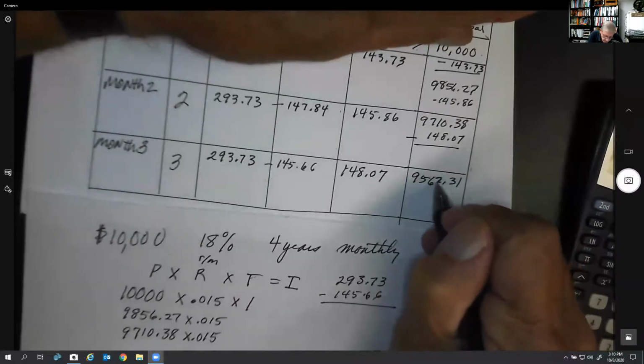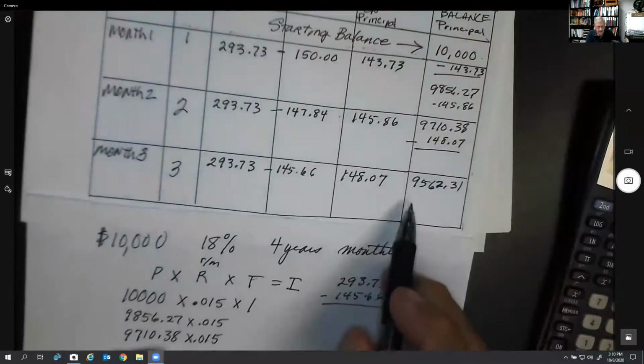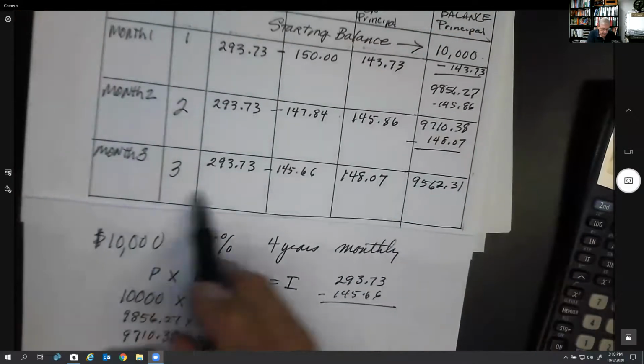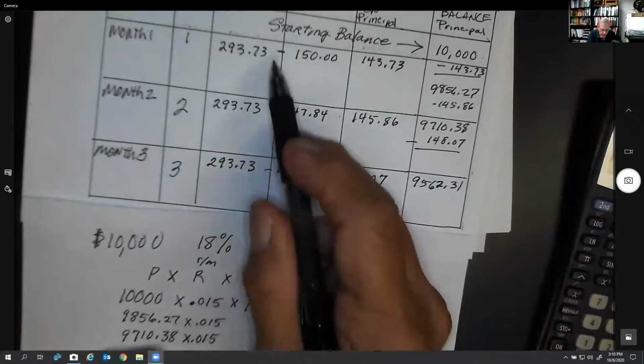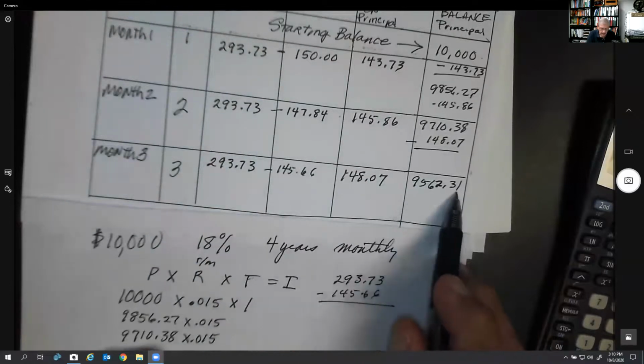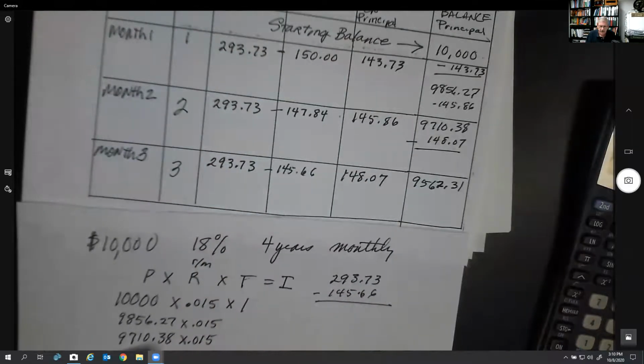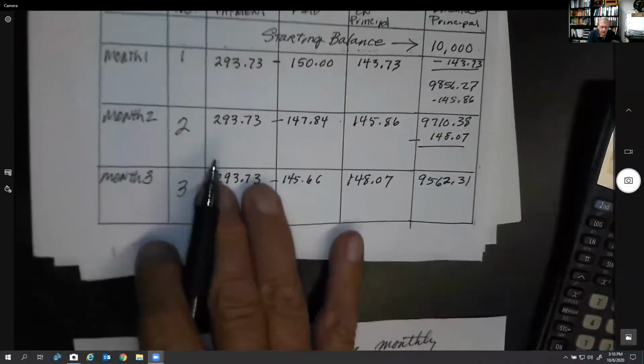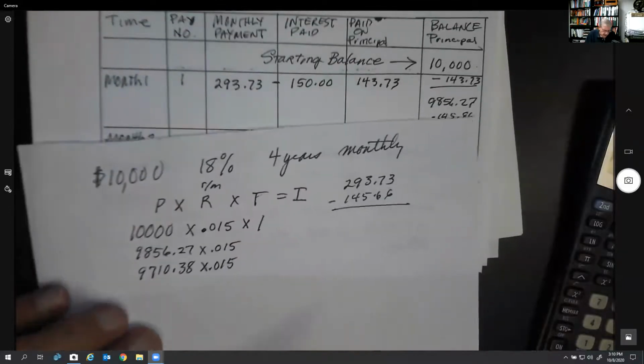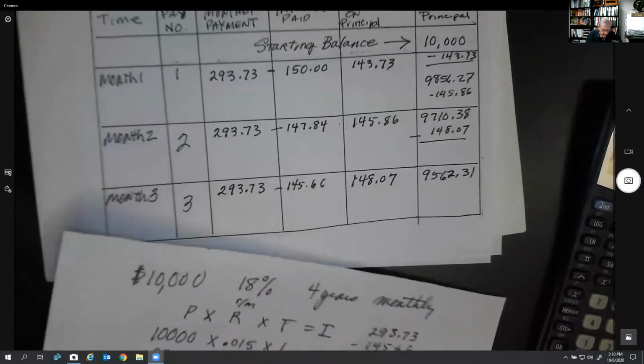We'll see. So this is how much you still owe on the car after making these payments of almost $300 a month. You still owe about $9,562.31. So this kind of work you have to do on scratch paper.